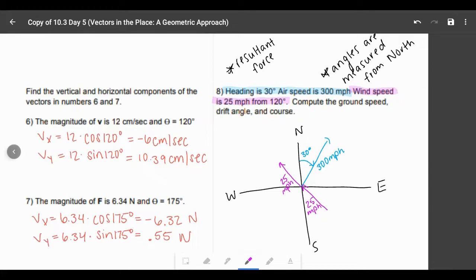Okay, once I do that, I'm going to recognize that since this was 120 degrees from north, if east is 90 degrees from north, this extra part from east to that original wind speed would have been 30 degrees.